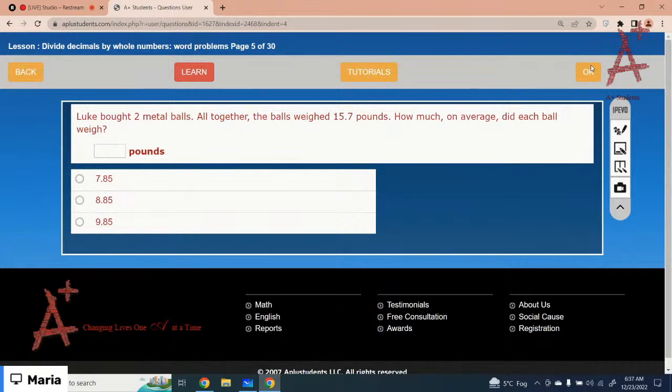So which of the options is the correct one? 15.7 divided by 2 equals... Yes, option number 1 is the correct one. Very good. It would be 7.85. So just select the correct option, then click on the OK button.